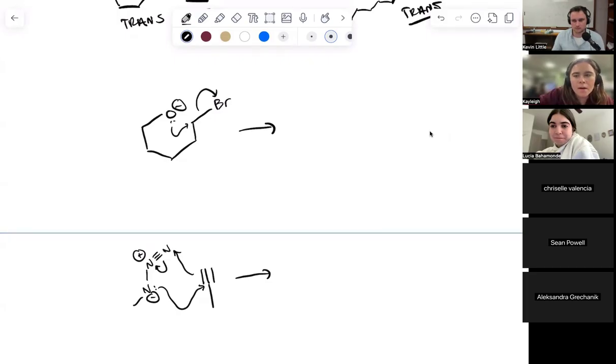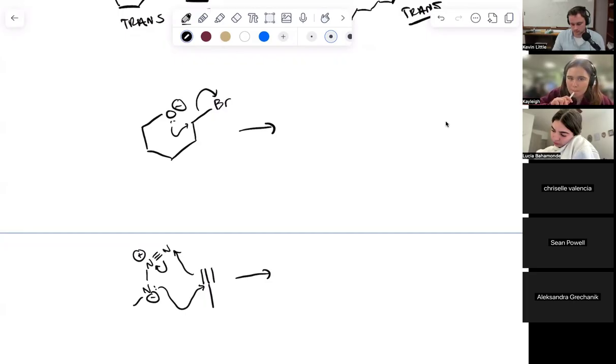Because isn't the lone pair going to make that a double bond? Where's a lone pair arrow going? To a carbon. So it's forming a single bond. It's forming a bond between that oxygen and that carbon. So if it's pointing in the middle of the line, it's going to be a bond.